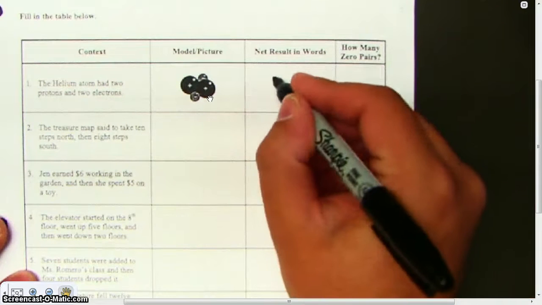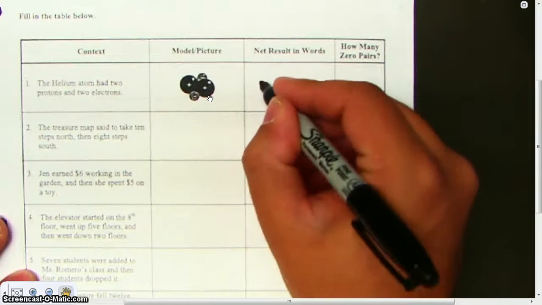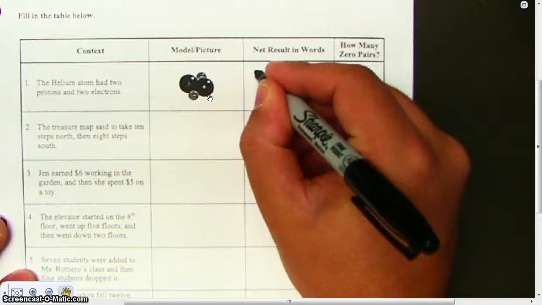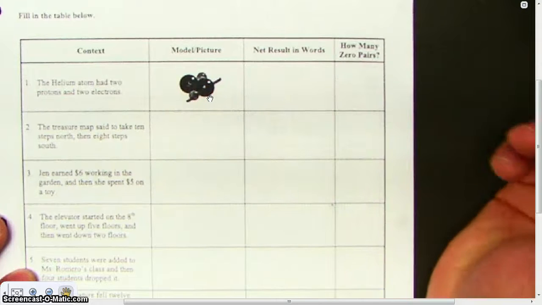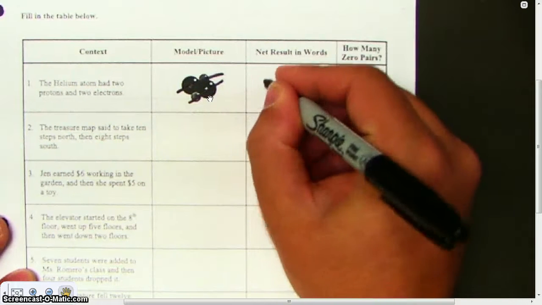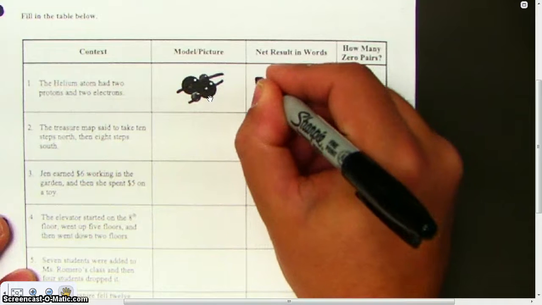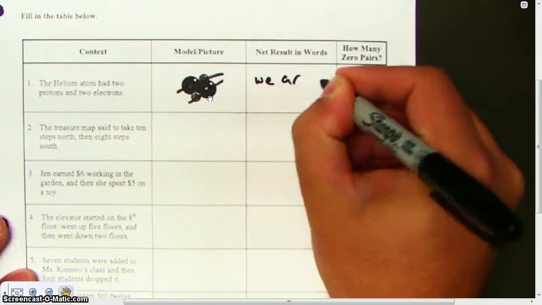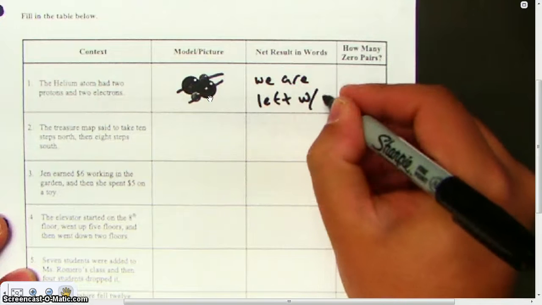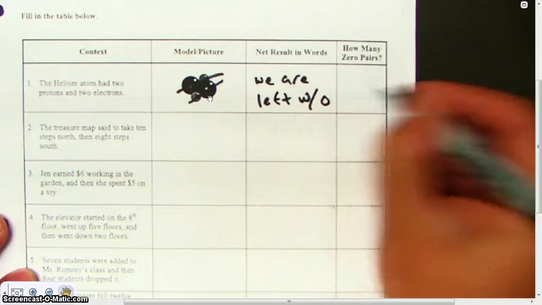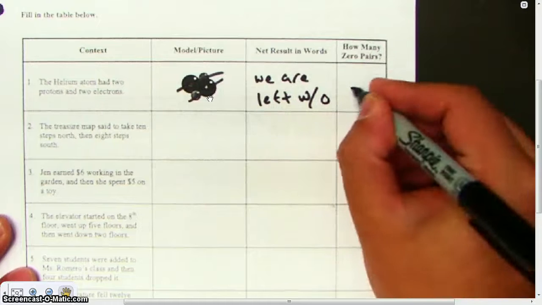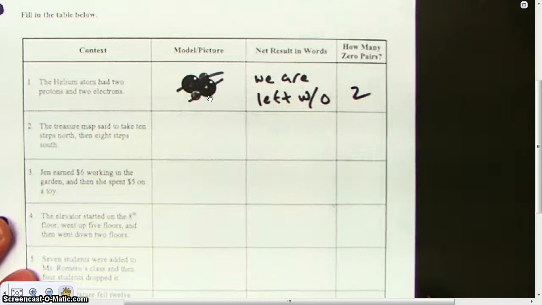Basically what's going to happen is you're going to cancel out the zero pairs. 1 positive, 1 negative together makes a zero pair. So in words, we are left with 0, because both zero pairs canceled out. There were 2 zero pairs that we crossed out there.